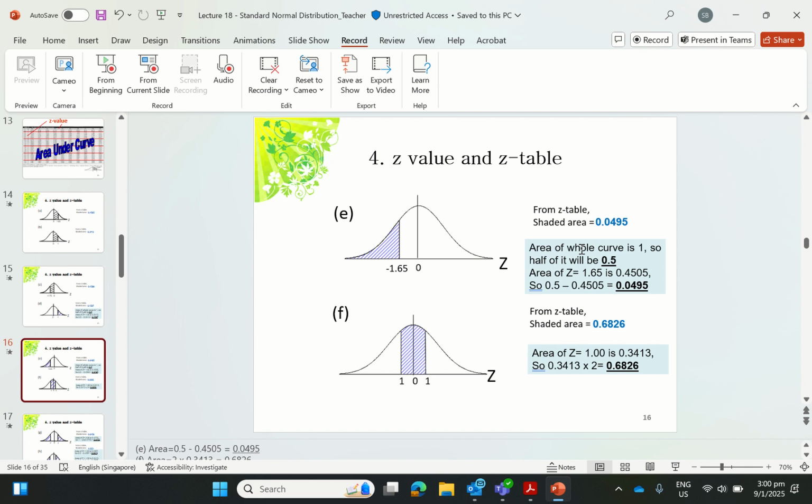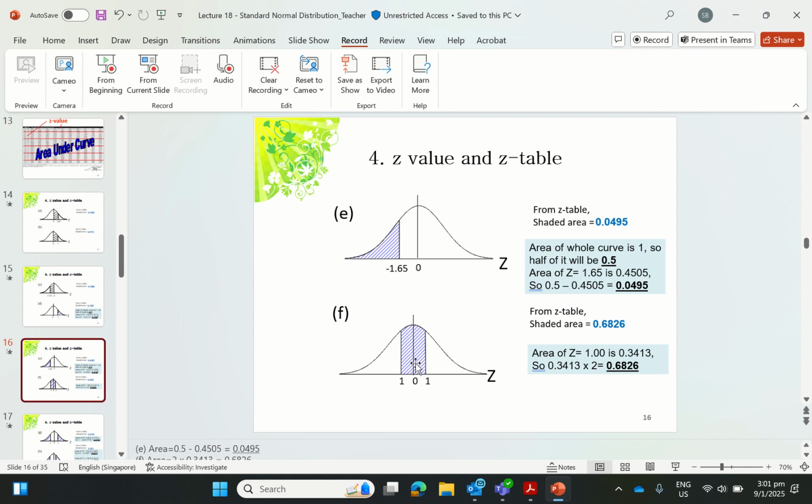Same thing here: if you use the Z table for 1.65, you should get an area of 0.4505. So if you want the outside area, you have to minus from 0.5. So 0.5 minus the value that you get in the Z table, because it's the outside area.